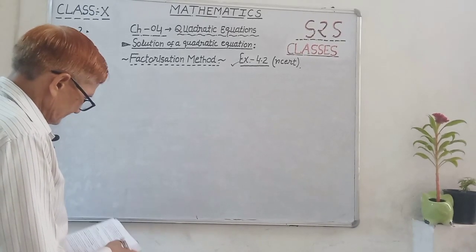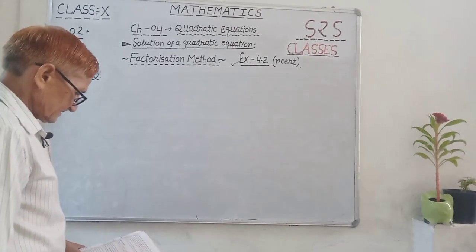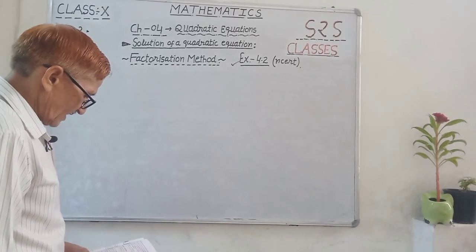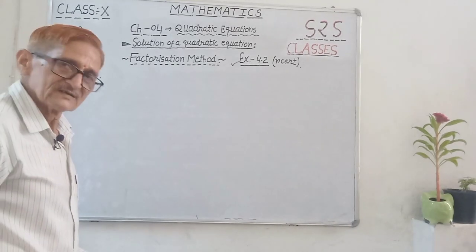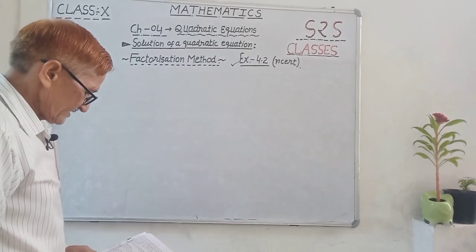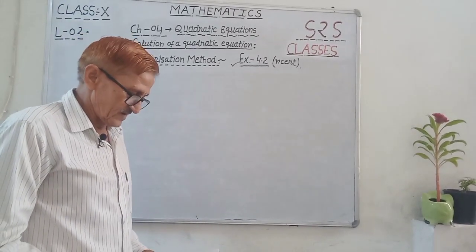It says represent the following situation mathematically. Example 1, first part, second part, we have solved. Now here John and Jivanti together have 45 marbles.